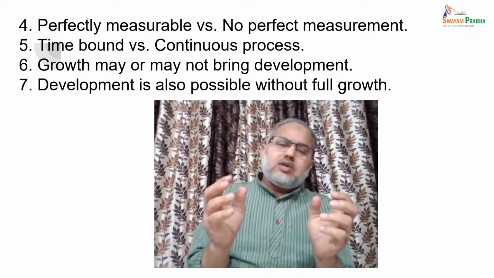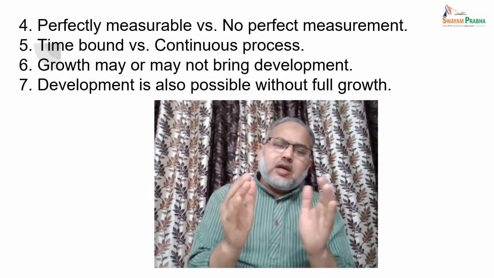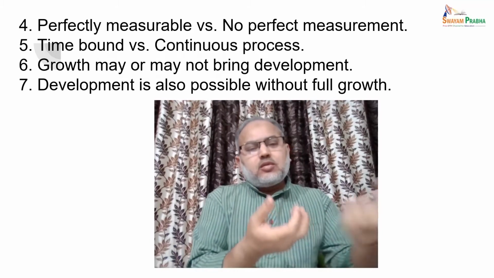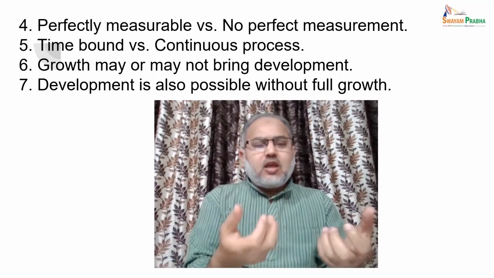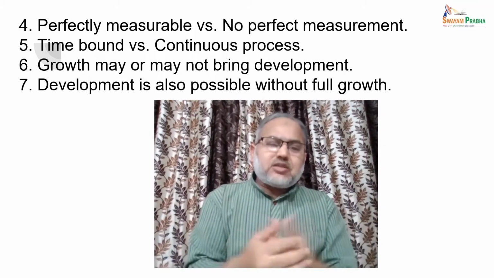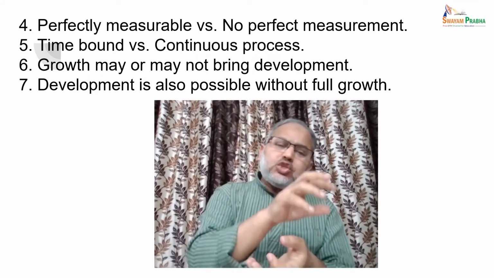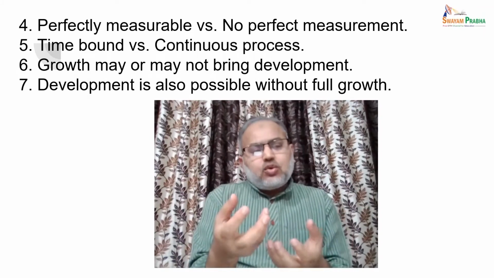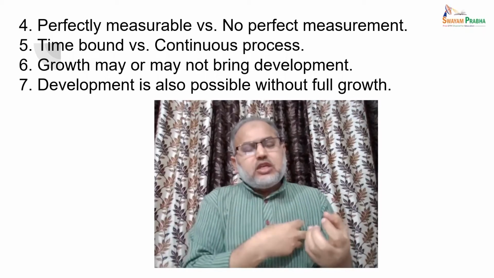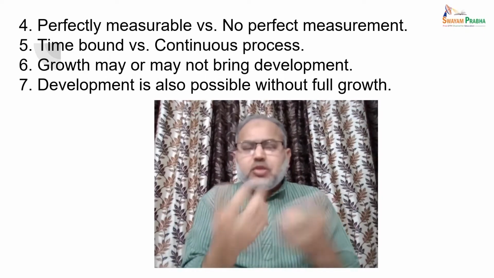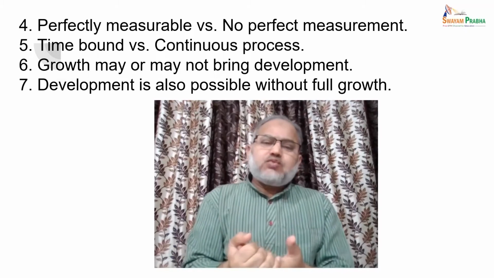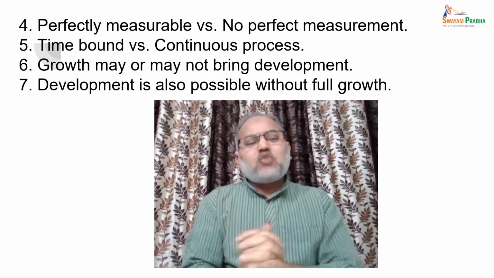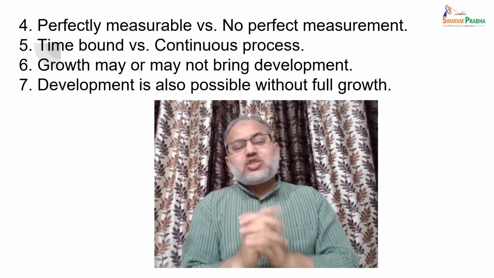We have the weighing balance to measure the quantity of an object, which can be weighed. Like we can also measure the temperature of our body using a thermometer. So these are the tools, and that's the reason that growth can be measured with perfection, whereas development cannot be measured with perfection because development is not directly observable.